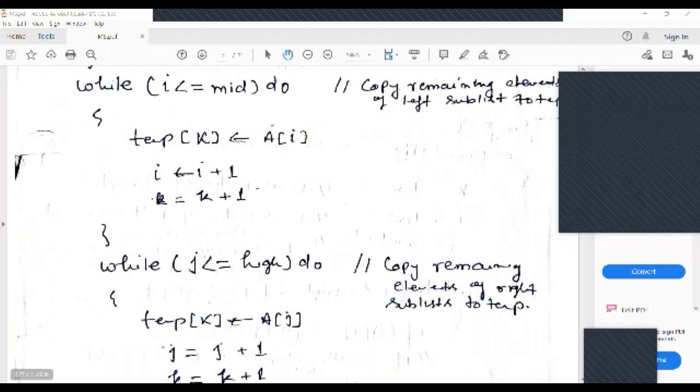And the second is while j is less than or equal to high, copy the remaining elements of the right sublist.